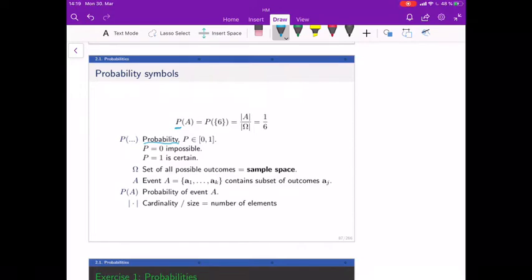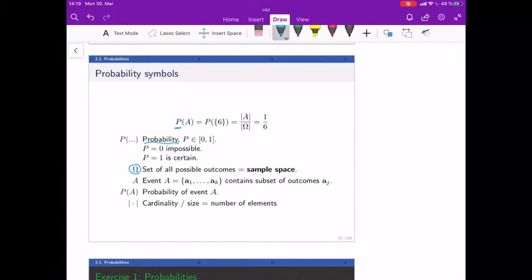The capital Greek letter omega, which you've probably seen before, is the set of all possible outcomes, everything that can happen in our sample universe, so it's called the sample space.